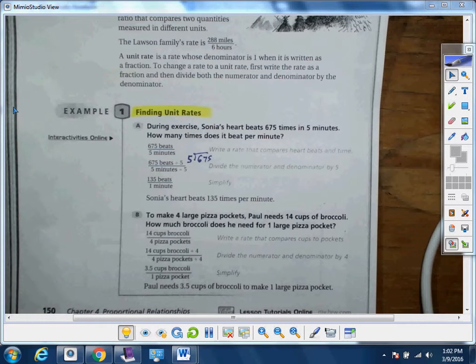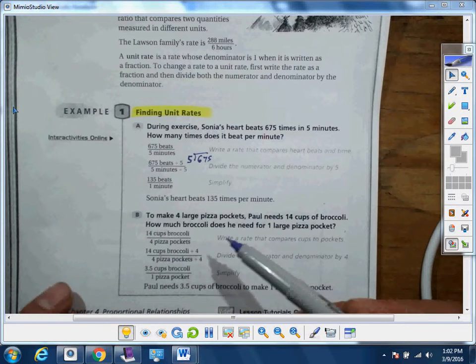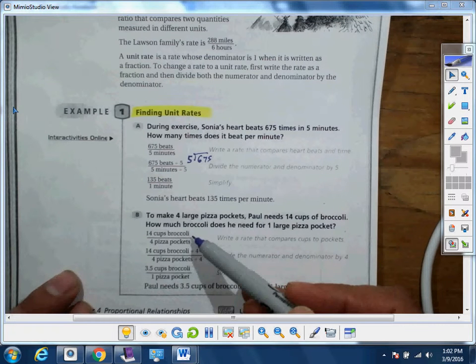It says, to make 4 large pizza pockets, Paul needs 14 cups of broccoli. What they want to know is how much broccoli does he need to make 1 large pizza pocket? Because if Paul's making 4, he's probably making it for his family. But if Paul only wants to make 1 pizza pocket, he's got to know how much he needs for just 1. So they put the 14 cups of broccoli over top of 4 pizza pockets.